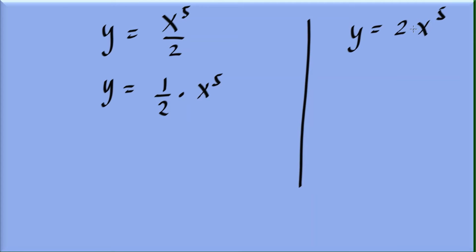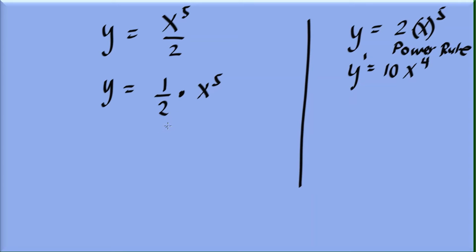So the numerical coefficient is 2, and your base is x raised to the 5. So the derivative is just going to use the power rule. So you multiply 5 and 2, that's 10 x to the 4th. Okay, so again, x to the fifth over 2 is simply 1 half times x to the fifth.